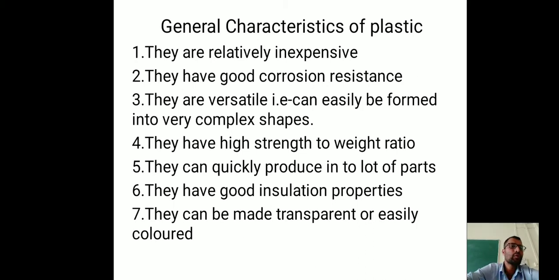They quickly produce lots of parts. They have good insulation properties and they can easily be made transparent and colored. So these are the very important properties of plastics. Due to that, these plastic materials are popular nowadays in society, more than metals.